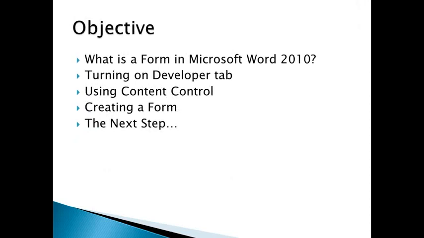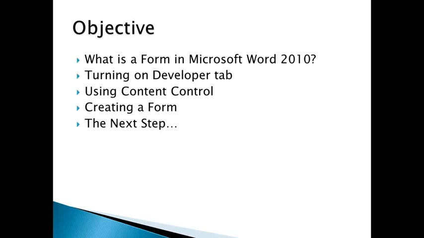Today's objective will be to understand what is a form, an electronic form, and how you can use Microsoft Word 2010 to develop your own form. The tools are available under the Developer tab.